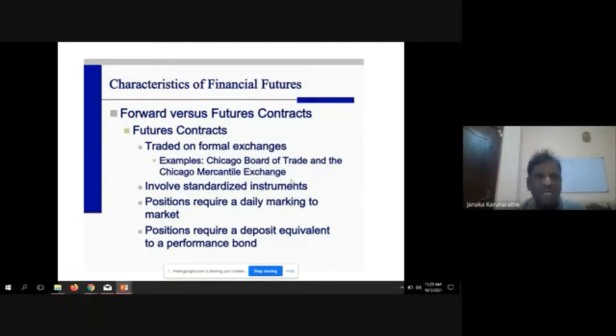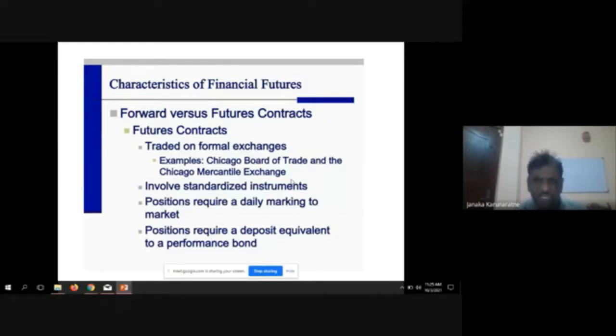So it's a formal market. Similarly, futures contracts are traded on a formal exchange. Internationally, one of the main markets is the Chicago Board of Trade and the Chicago Mercantile Exchange. It's a formal futures contract market.